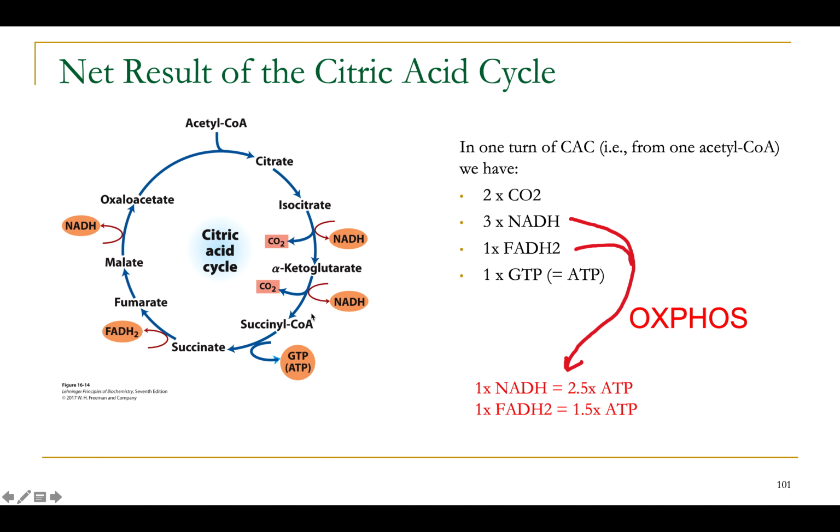At the deesterification step, which is coupled to substrate level phosphorylation, we produce 1 GTP, which is equivalent to 1 ATP, and in the following regeneration of oxaloacetate phase, we gain 1 FADH2 and 1 NADH, which is a product of the final oxidation step of malate to oxaloacetate.